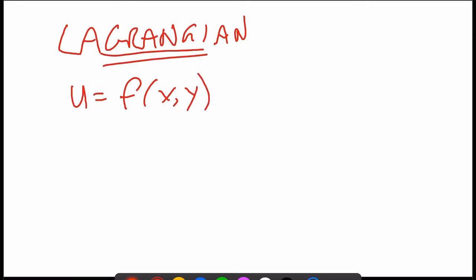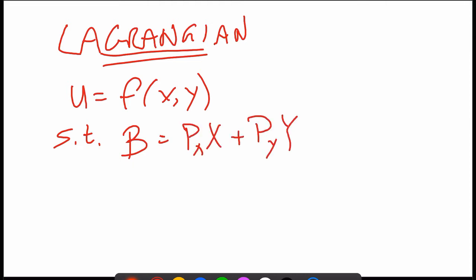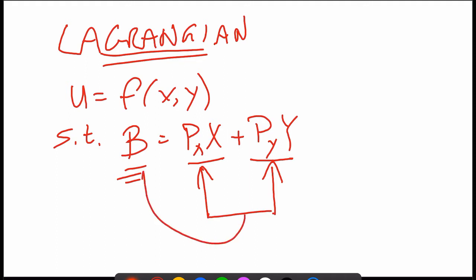But it's subject to the constraint that I have a budget, and the price of x times the amount of x plus the price of y times the amount of y. So my budget is going to constrain me, and this is how much I'm spending on x, and that's how much I'm spending on y, and together those two things are going to be equal to my budget.